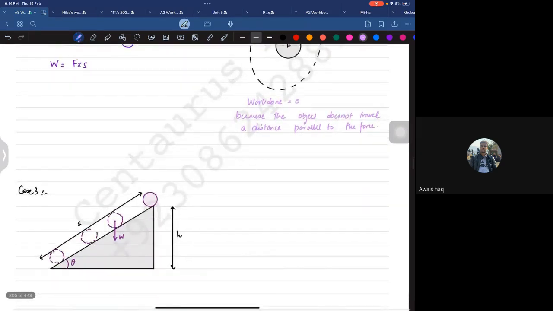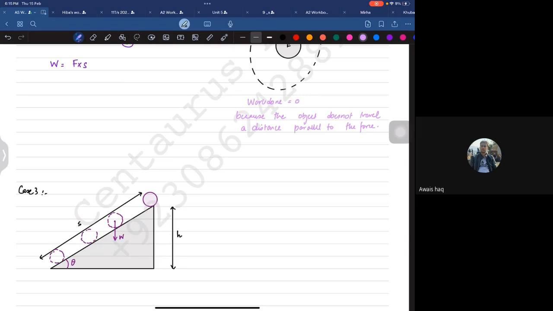In this part, if I ask you, what is the work done on this object that is rolling down? What would you say? Okay. What would be the value of it?